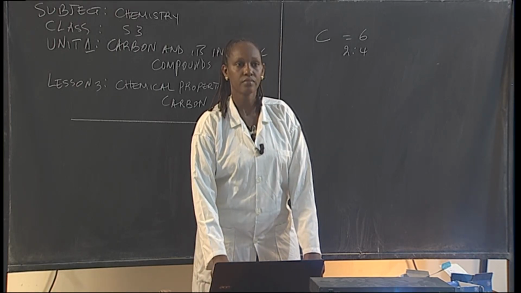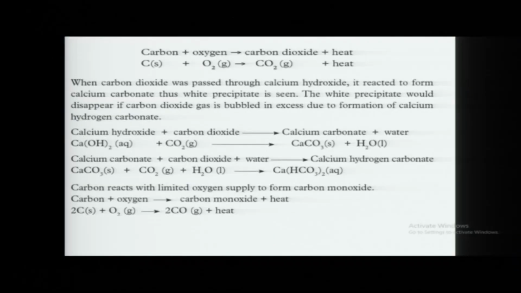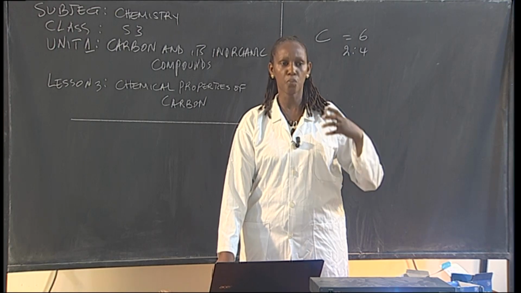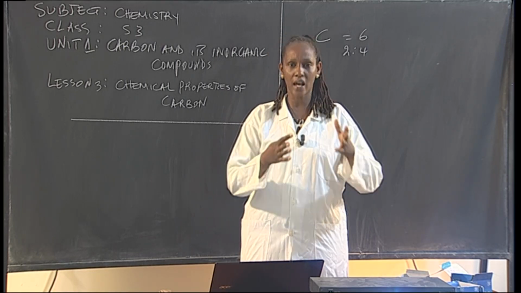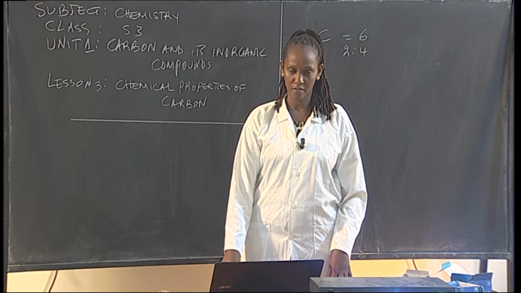Look at the screen, at this equation. This carbon is from charcoal, a form of carbon. Plus oxygen, carbon dioxide is formed. How do you know it's carbon dioxide that is formed? We test this by introducing that gas into lime water, that is calcium hydroxide.